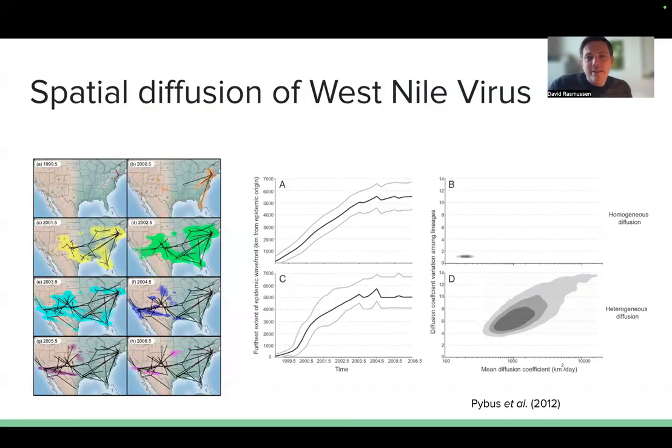Obviously, birds fly around, and so it seems totally reasonable that this virus can move 1,000 kilometers over the course of a full year.